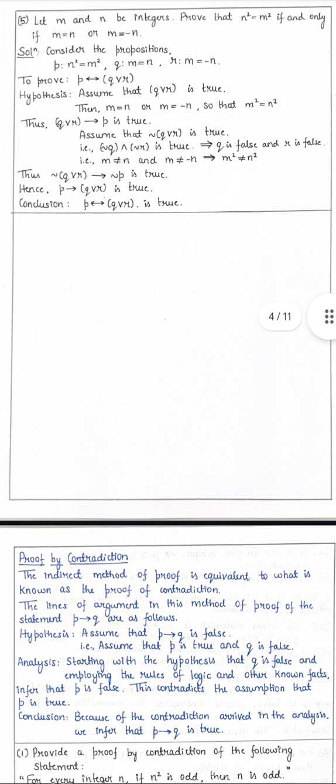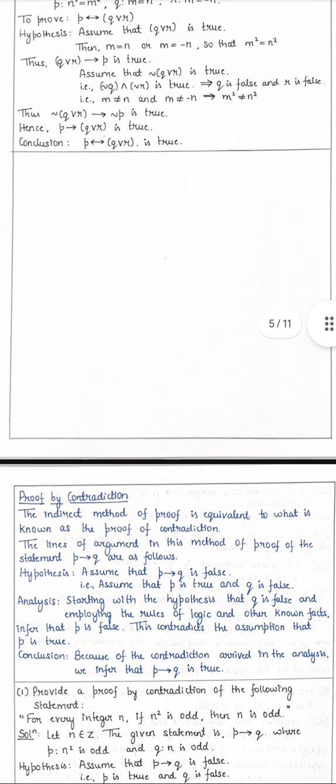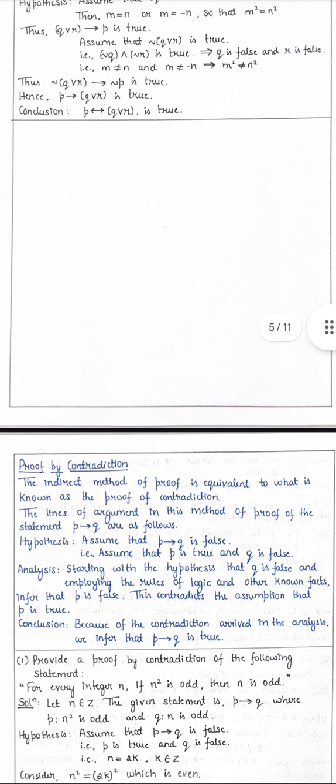Assume that not (Q or R) is true. Not Q and not R is true. Q is false and R is false. M is not equal to n and m is not equal to minus n. Therefore, m squared is not equal to n squared.